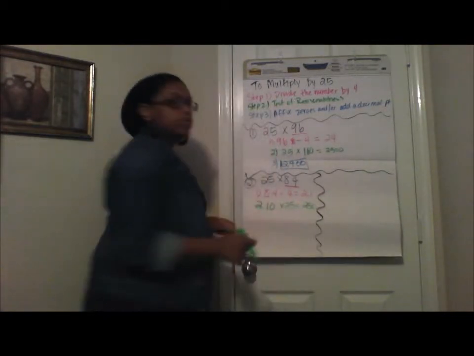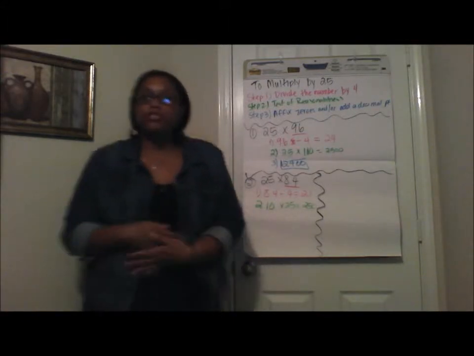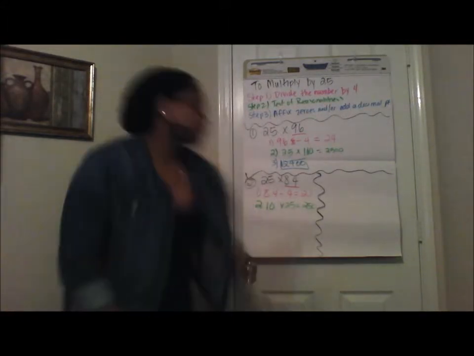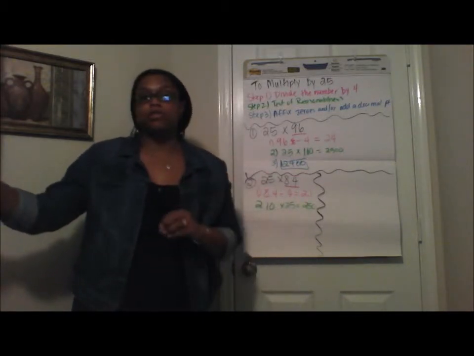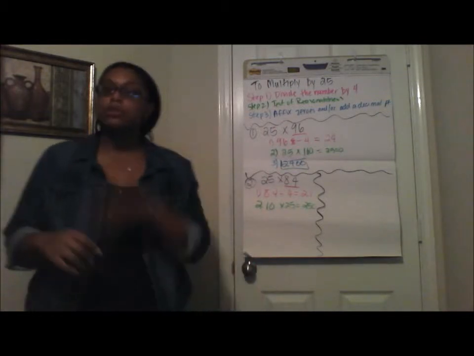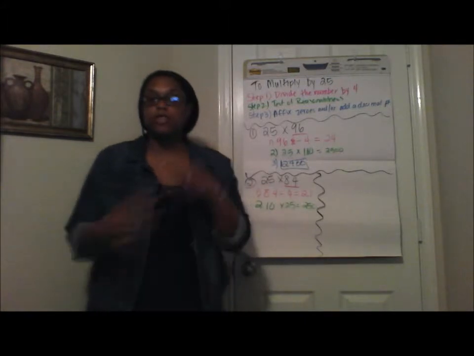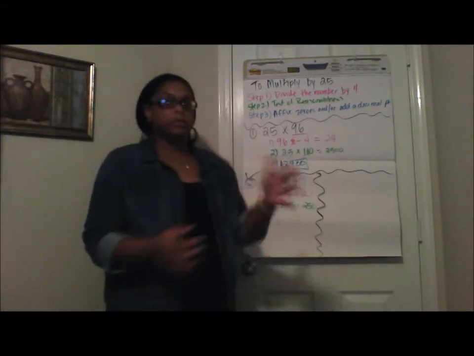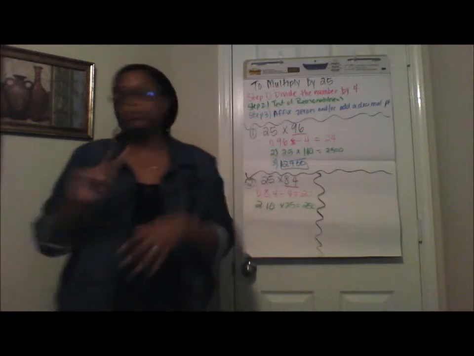What that 250 tells me is that my answer should be close to 250. And when I look at what I got by division, I got 2.1, and 2.1 is not close to 250. So that tells me I need to affix how many zeros? I actually need to affix only 1 zero. The reason why I only need to affix 1 zero is because I need to move my decimal place one time, which takes the place of affixing 2 zeros.